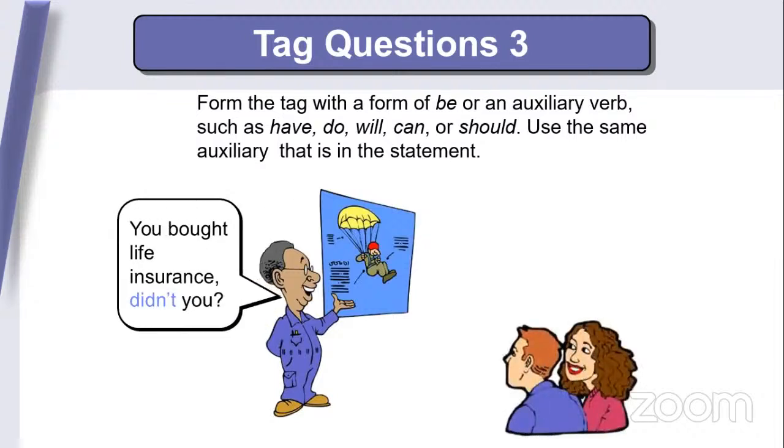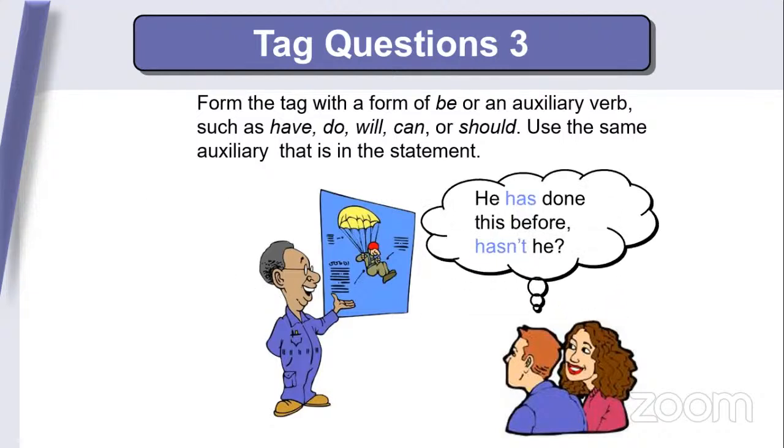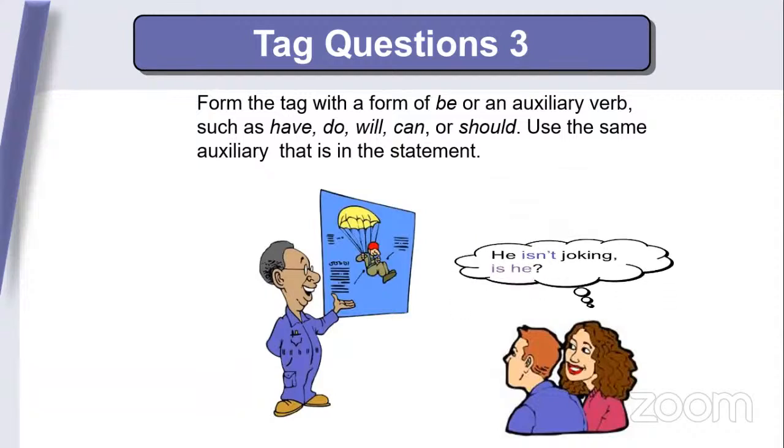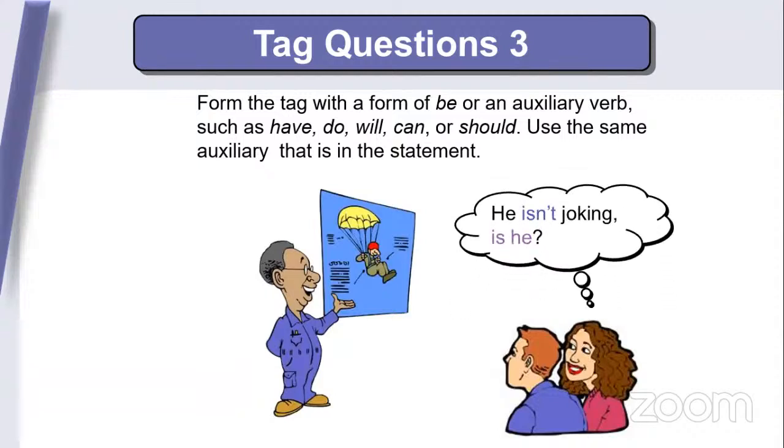We have here, you bought life insurance, didn't you? For example. And the next one is, he has done this before, hasn't he? He isn't joking, is he? For example, right? Negative and positive tag.